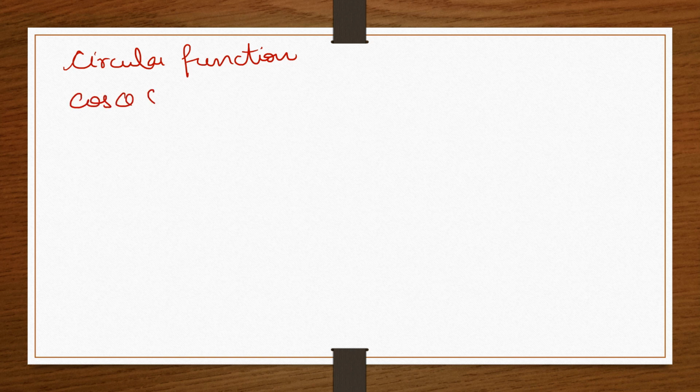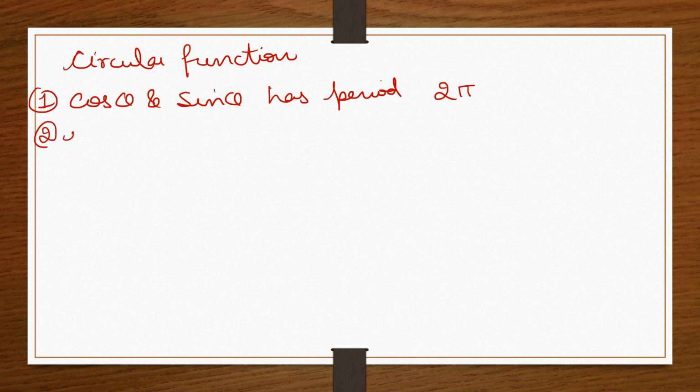Now class, see what are the periods of these functions? For circular functions, cos theta and sin theta have period, you already know, 2 pi. Okay. Tan theta has period, you know what is the meaning of period, right? Pi. Fine.